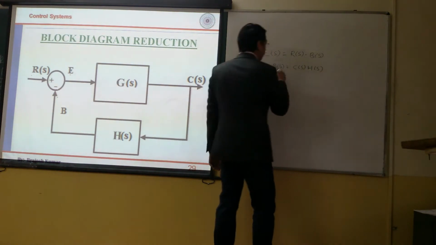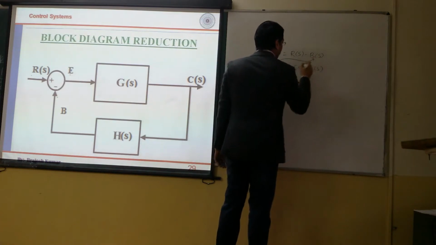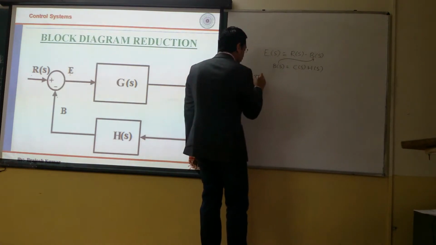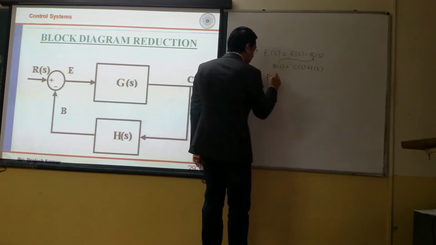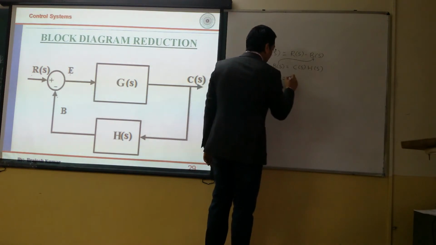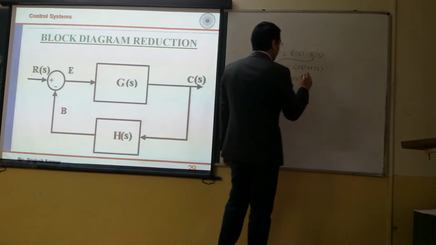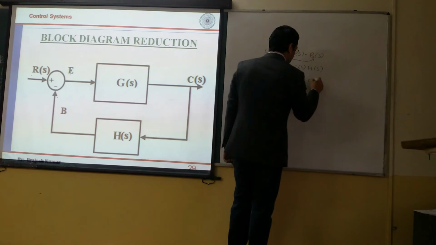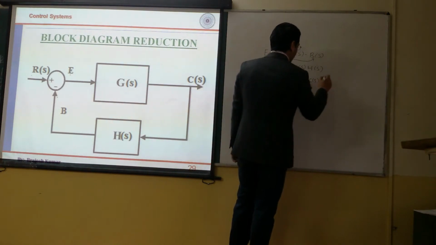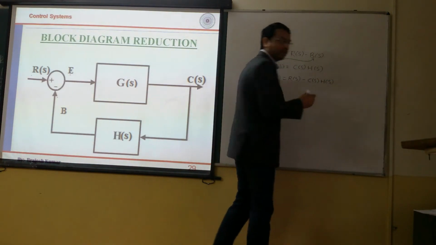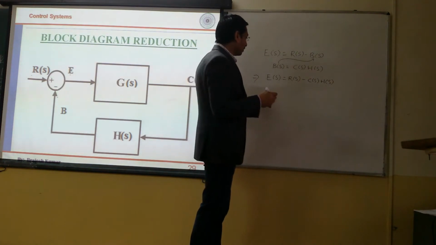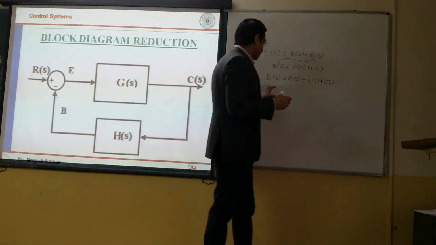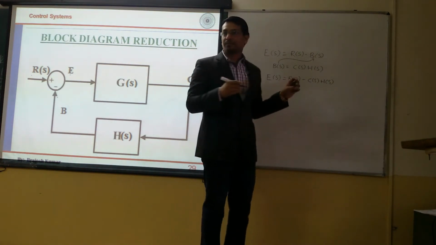So put this value of B(s) here. What you will get? You will get E(s) equal to R(s) minus C(s)H(s). Correct? One more relation I need to remove this E(s).